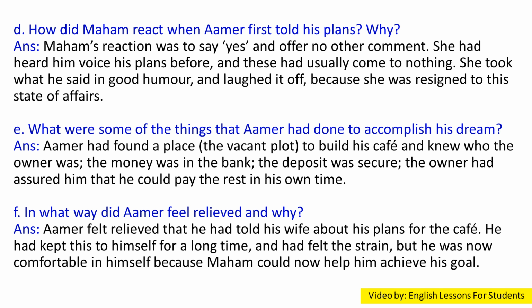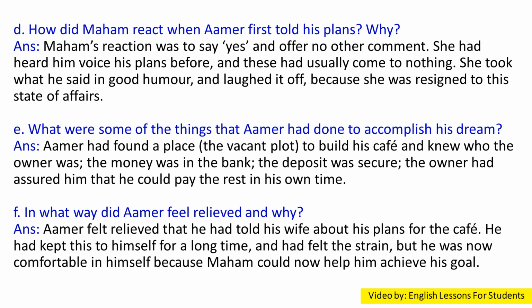E. What were some of the things that Aamer had done to accomplish his dream? Answer. Aamer had found a place, the vacant plot, to build his cafe, and knew who the owner was. The money was in the bank. The deposit was secure. The owner had assured him that he could pay the rest in his own time.